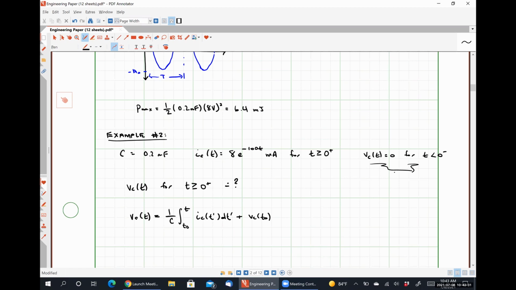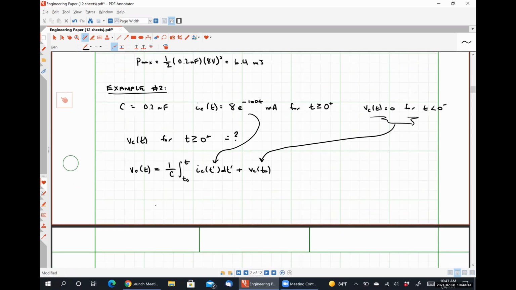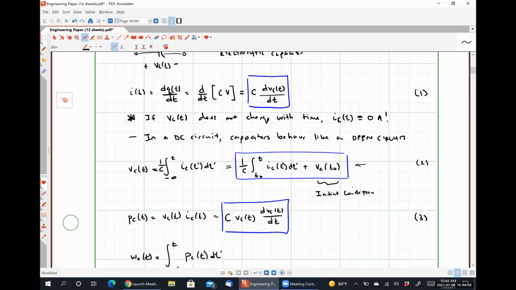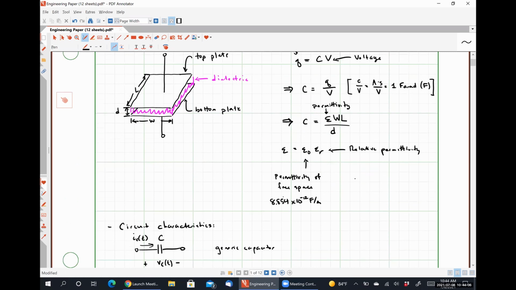So this VC at t naught is this right here, and our IC is then obviously this right here. So we would have 1 over 0.2 millifarads, so that would be 0.2 times 10 to the minus 3. Let's look at the units of millifarads real quick. There we go, so amp seconds per volt, excuse me.